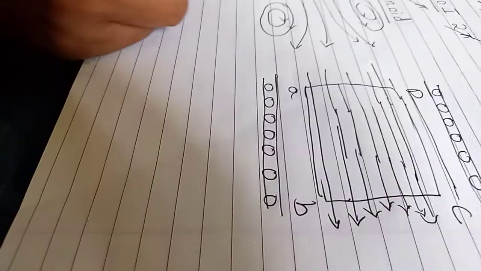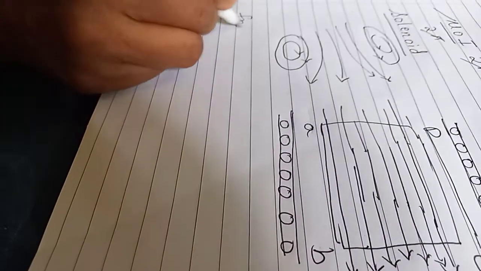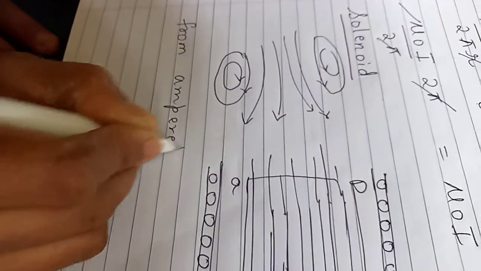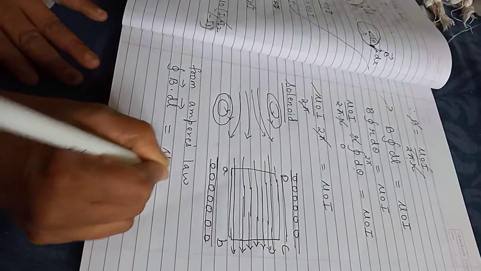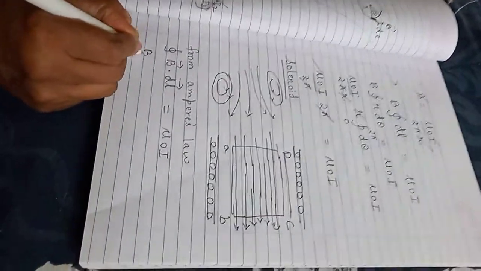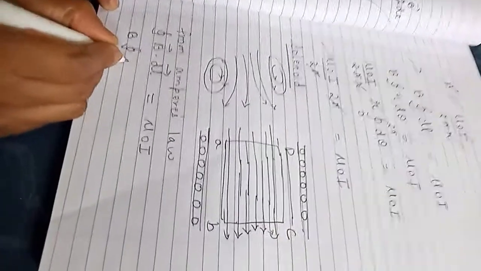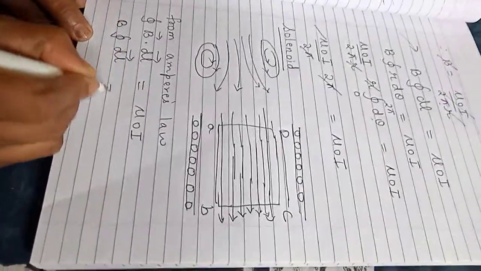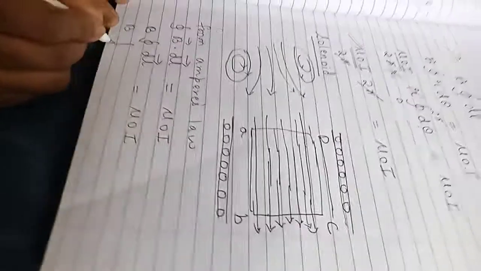Okay. Use the definition from Ampere's law. Line integration of B dot dl is equal to mu naught I. B line integration of dl is equal to mu naught I. What is dl?